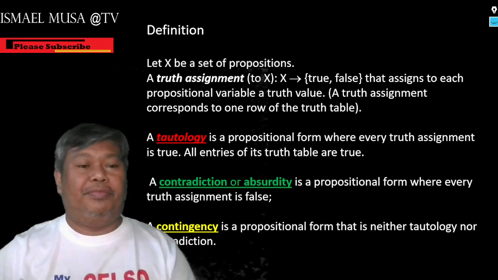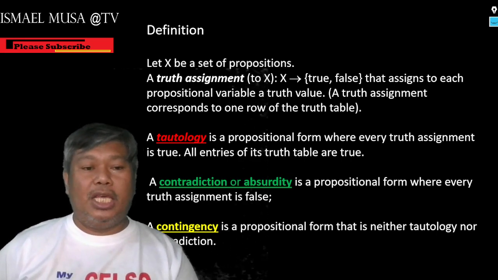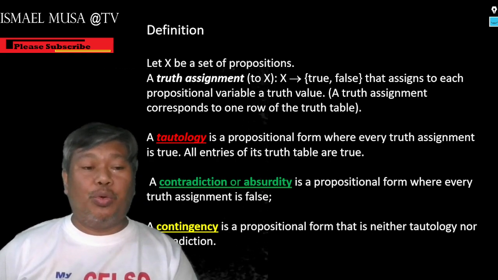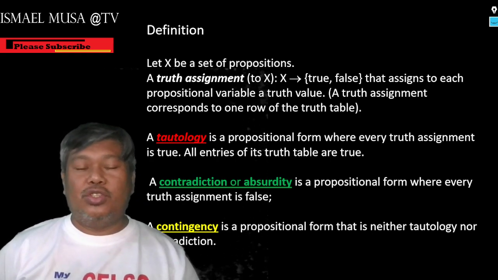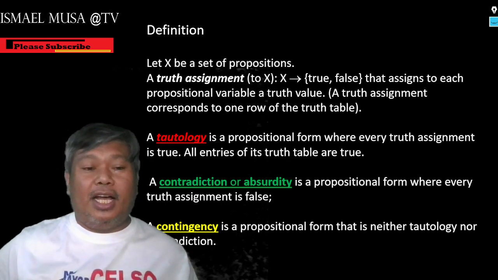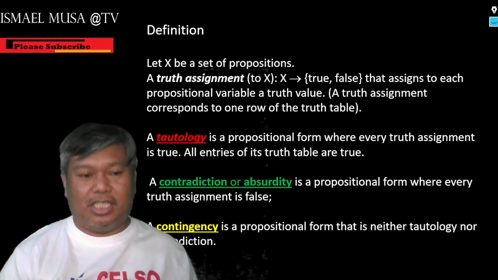A contradiction or absurdity is a propositional form where every truth assignment is false. So when you construct a truth table and your last column generates all false assignments, it's a contradiction.